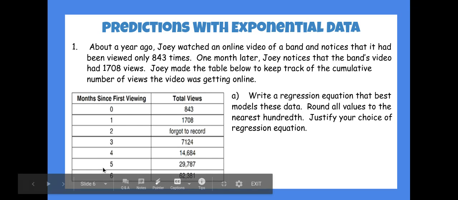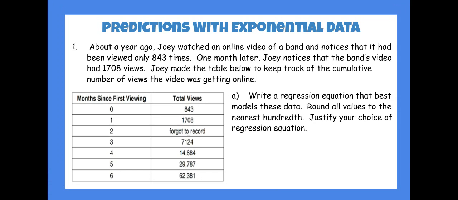Before we get started, the reason I wanted to do this is because he forgot to record this data. Generally I'd have a conversation about that in class, but we can't right now. So we just eliminate this from our data when we're plugging it into our calculator. When we're plugging into list 1, list 2, we go 0, 1, skip over 2, and then put 3, 4, 5, and so on.